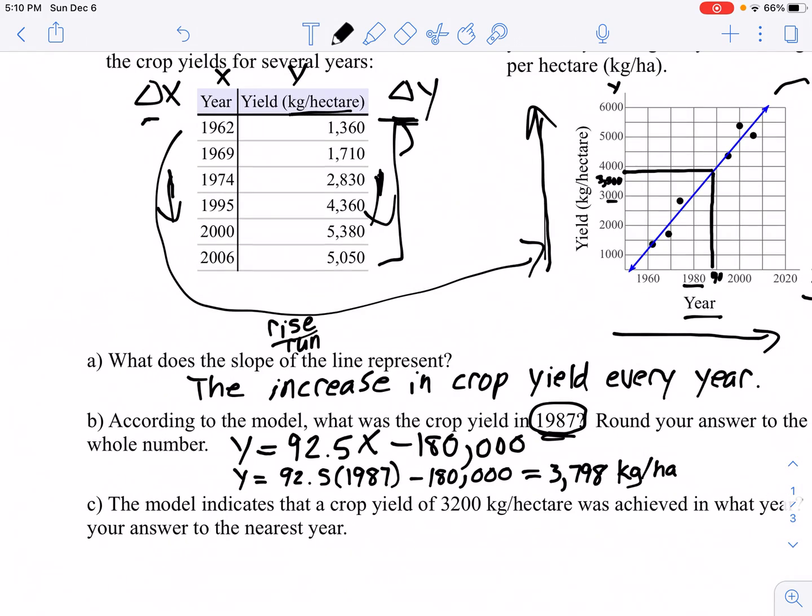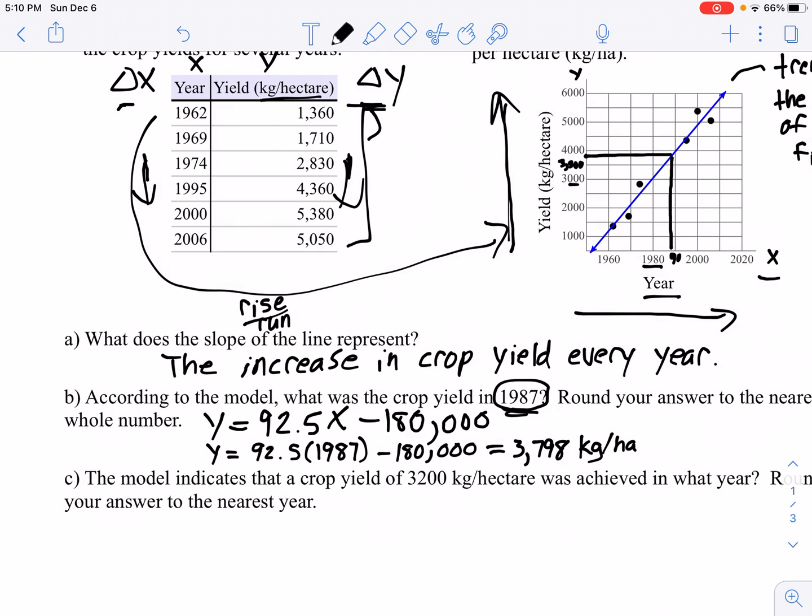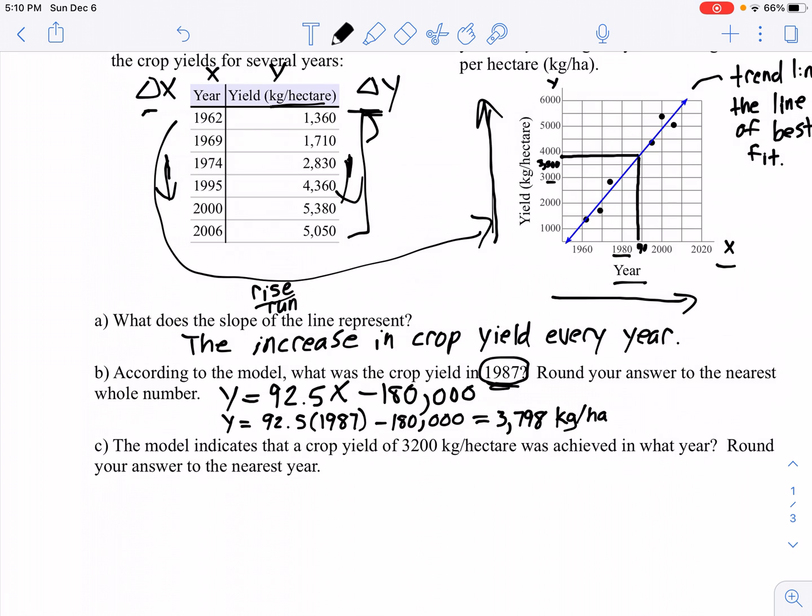Now if we're working backwards, instead of being given an X and finding a Y, maybe we're given a Y and we want to find an X. It's the same idea. It says the model indicates that a crop yield of 3,200 kilograms per hectare was achieved in what year? So now we're given the Y value. We're given a yield and we want to find a date, a year.